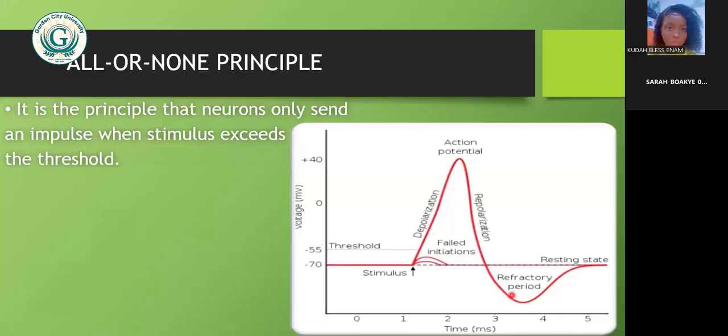So for you having the sense that you are stepping on fire, it depends on you. But immediately the brain gets the information that you are stepping on fire, the brain has to produce this impulse.